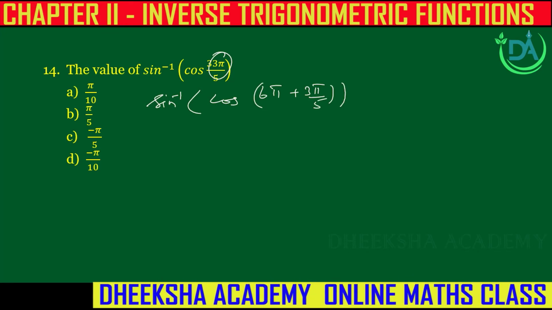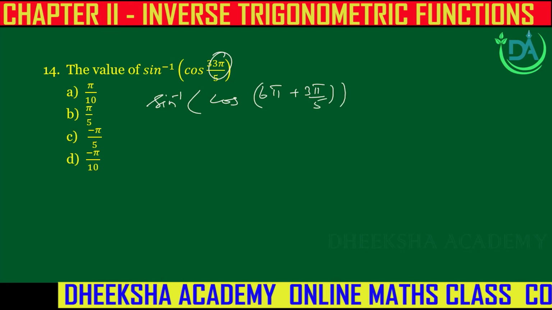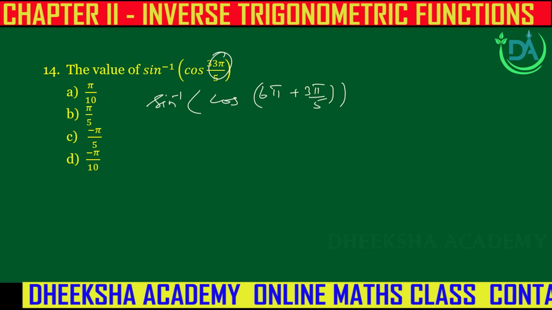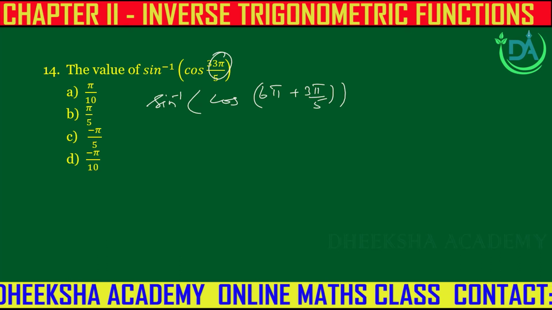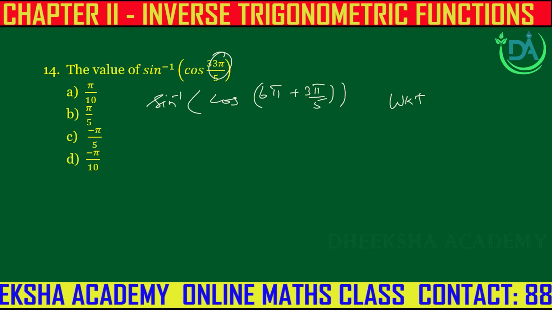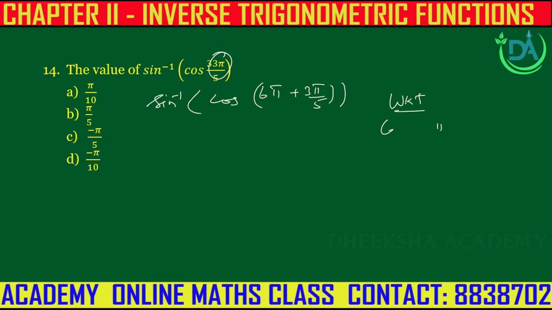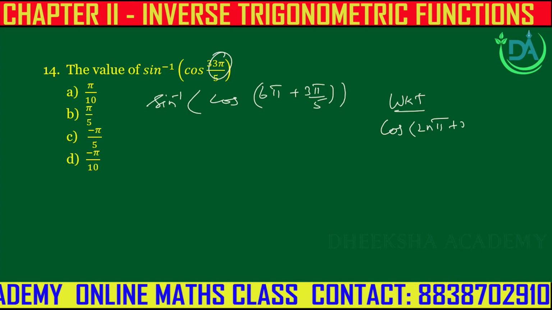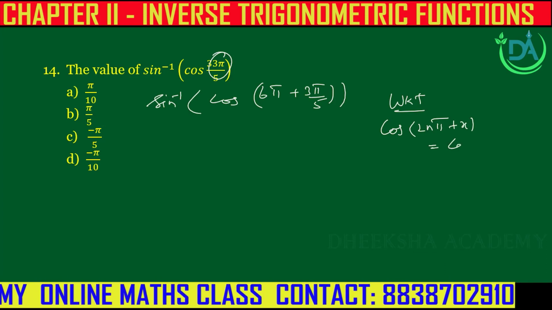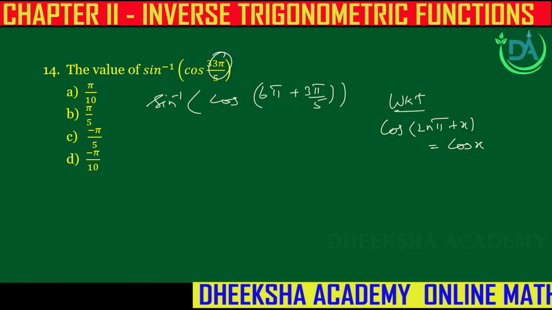We know that cos of 2n pi plus x is equal to cos x, okay, for any positive integer n.